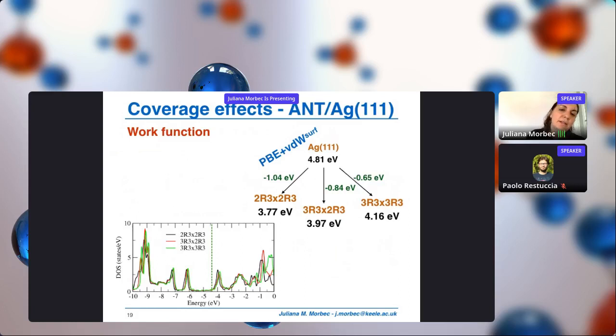So in the initial system, you have small interaction between anthracene and the substrate, so the pushback effect makes a large reduction of the work function. As the molecule starts to interact strongly with the substrate, it goes from a physisorbed system to a chemisorbed system. So you start having charge transfer between molecule and surface, and then we start having compensation of the pushback effect and a smaller reduction of the work function.